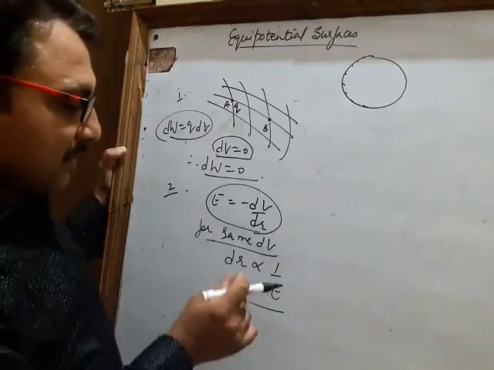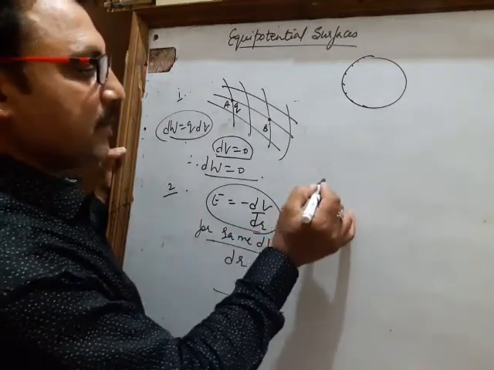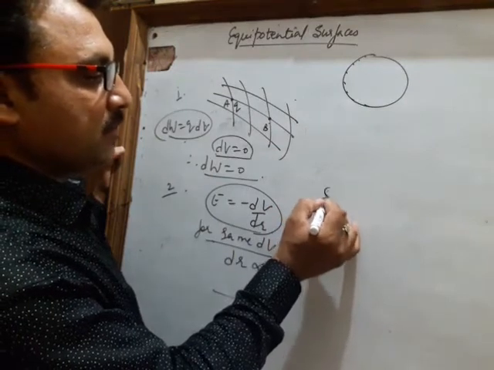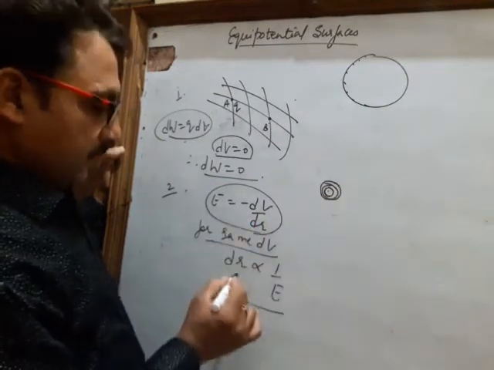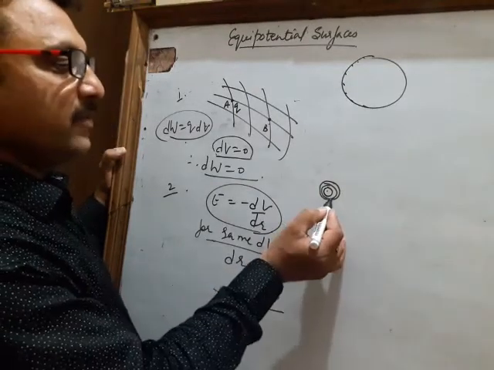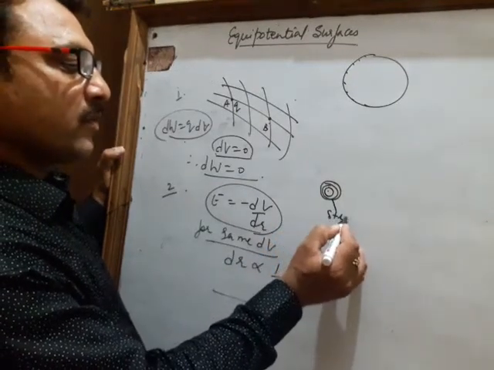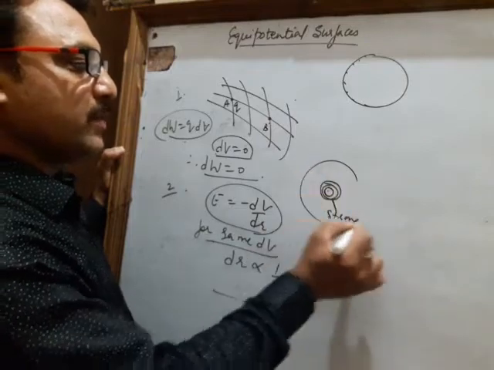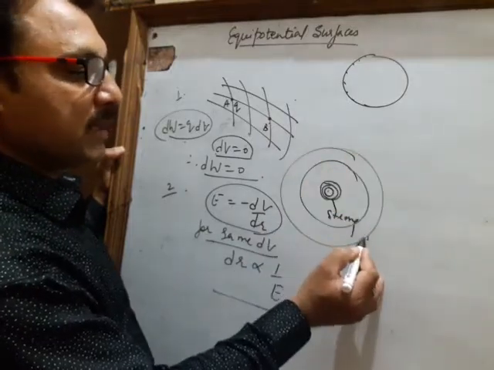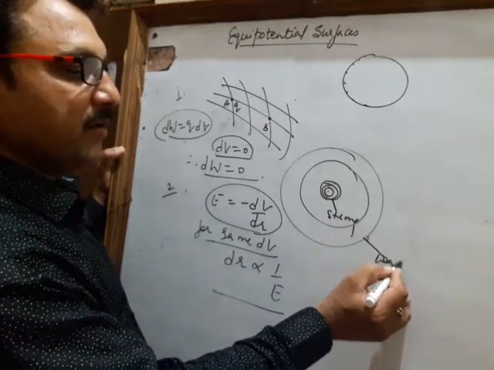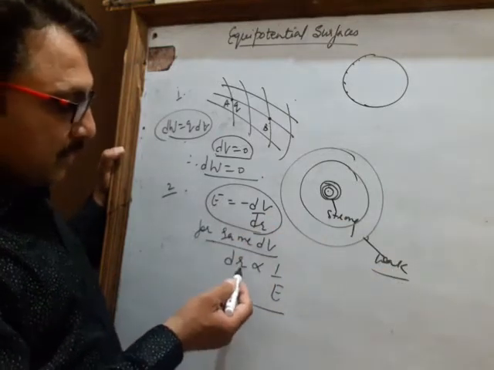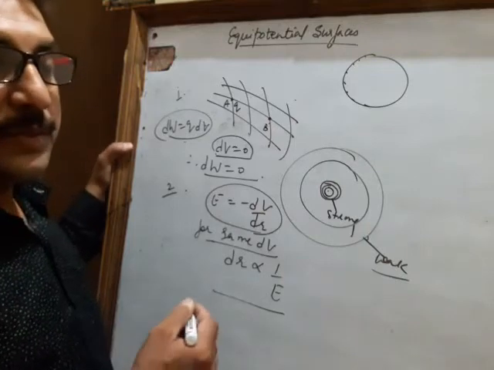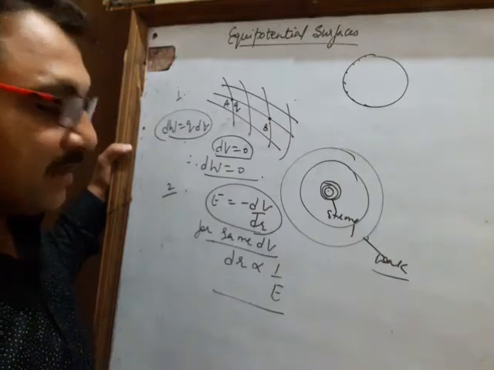So wherever the spacing of the equipotential surface is less, that means the field is strong, and if the spacing is more, that means weak field. Means the spacing between two equipotential surfaces is inversely proportional to the electric field intensity.